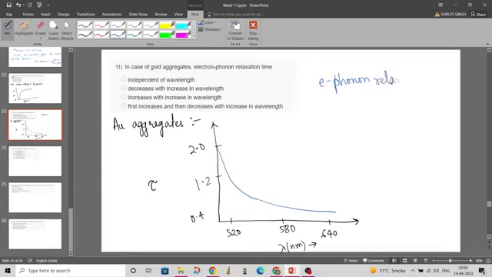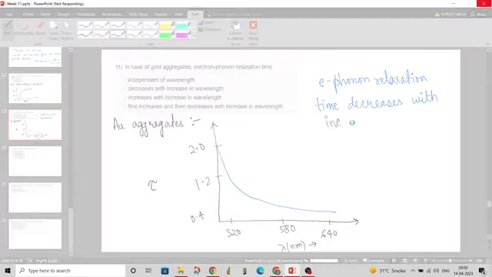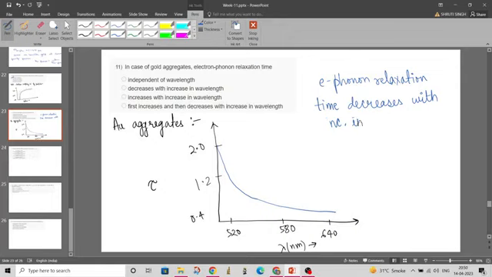Electron phonon relaxation time decreases with increase in wavelength.